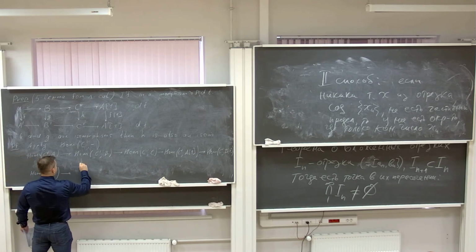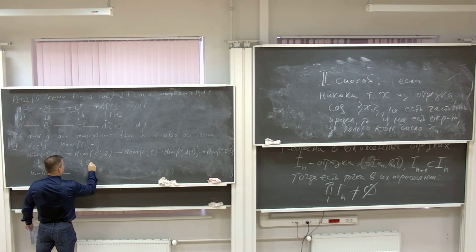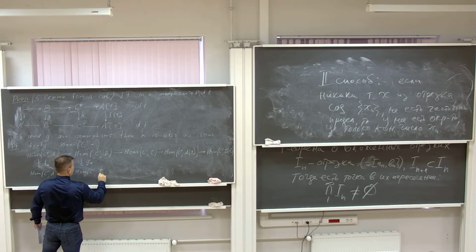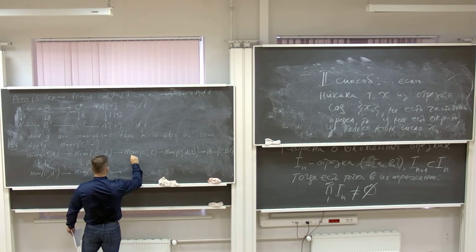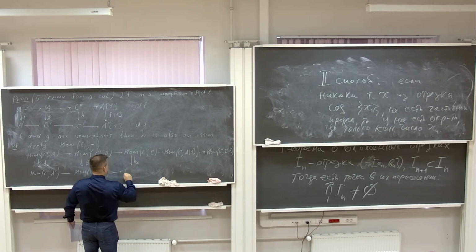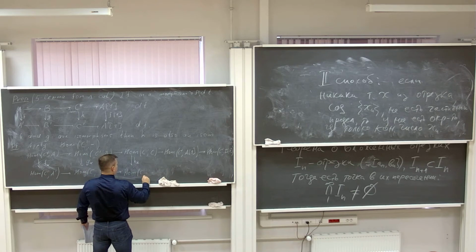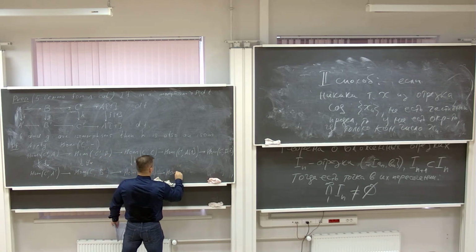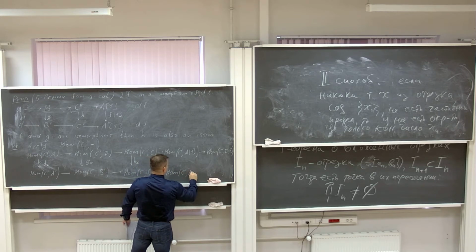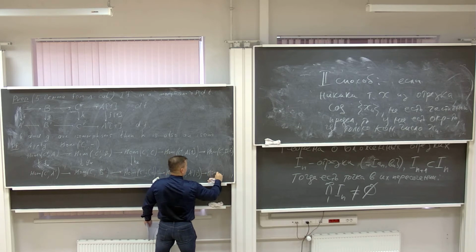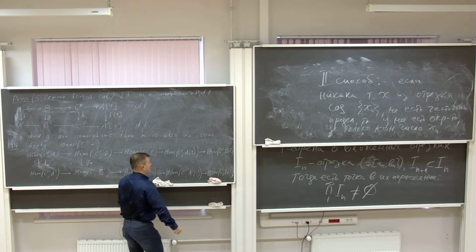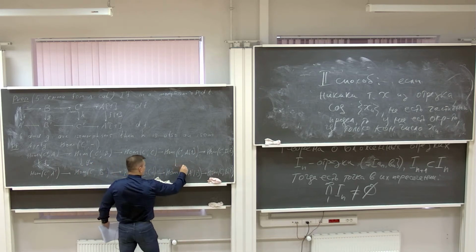And of course, we also have a map G with a lower star to the hom C prime, B prime, etc. I hope you can see what I wrote.